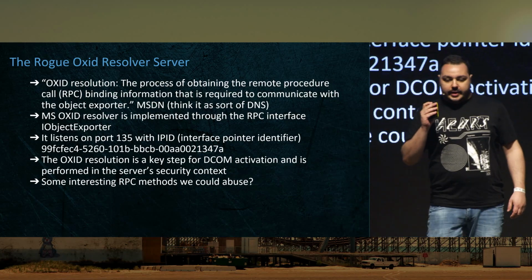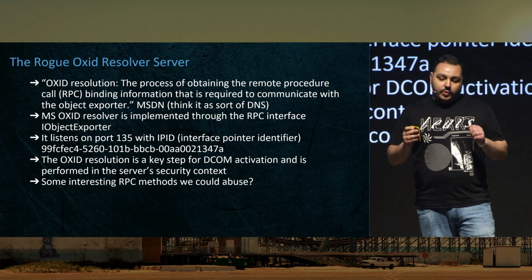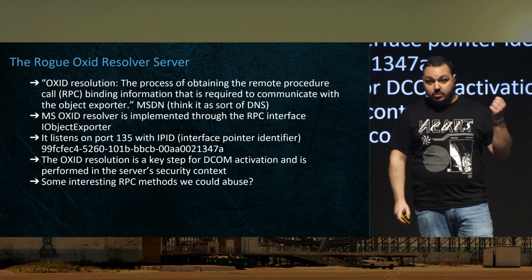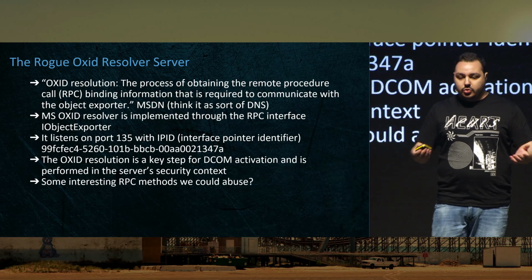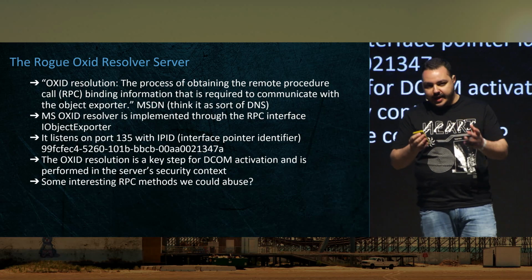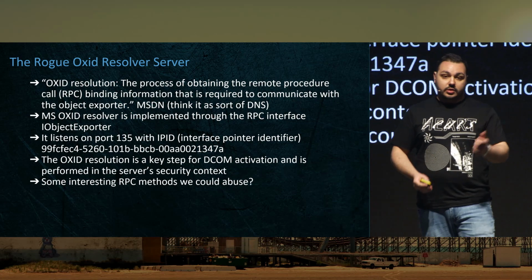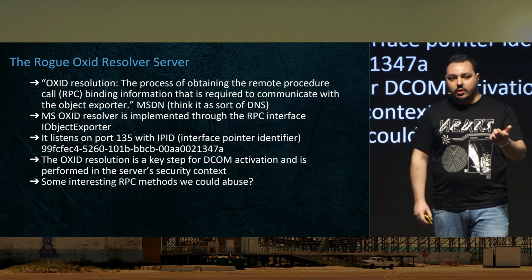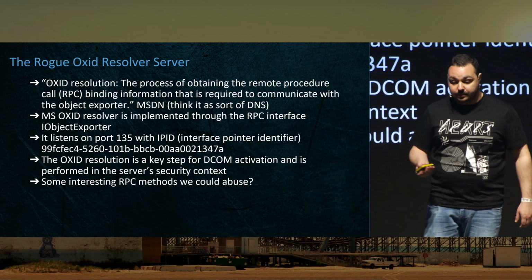Very quickly, we had to implement a rogue OXID resolver to catch the authentication. And OXID resolution, think about it as a sort of, let's say, DNS, but it's not, that allows the client to retrieve the endpoint information of the COM server.